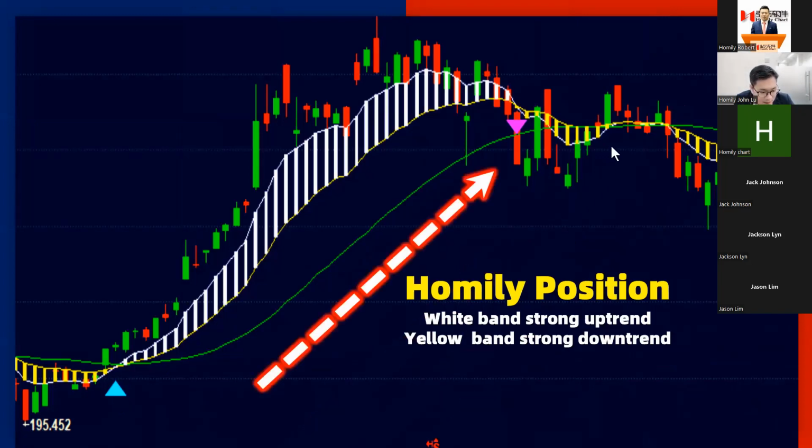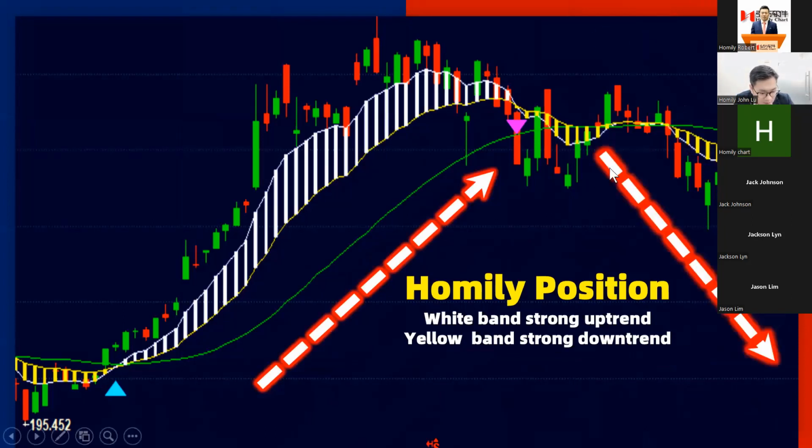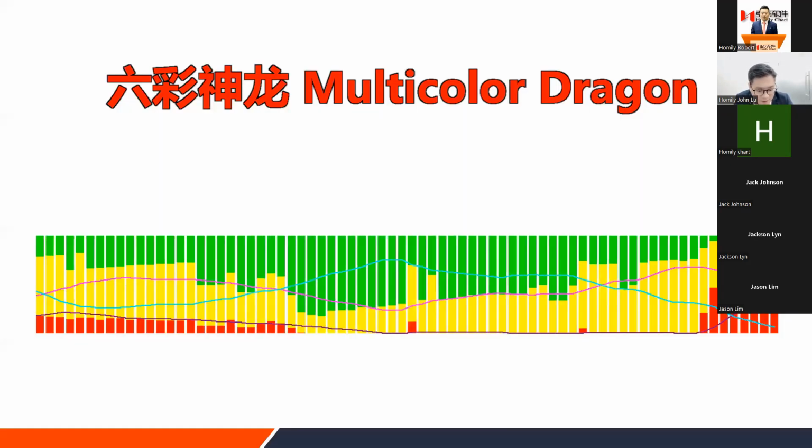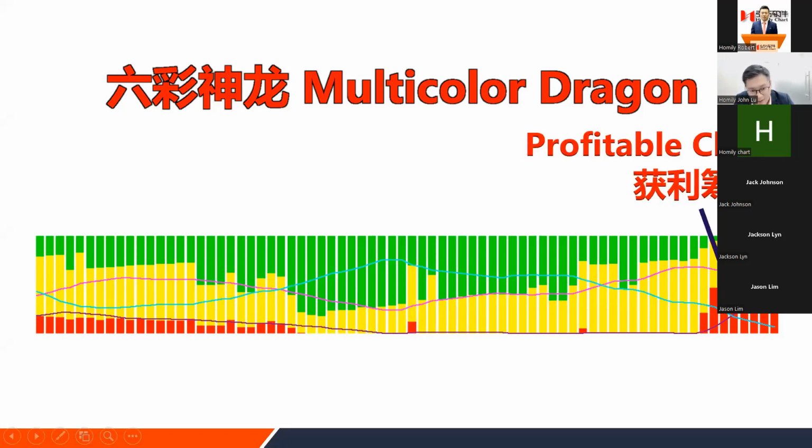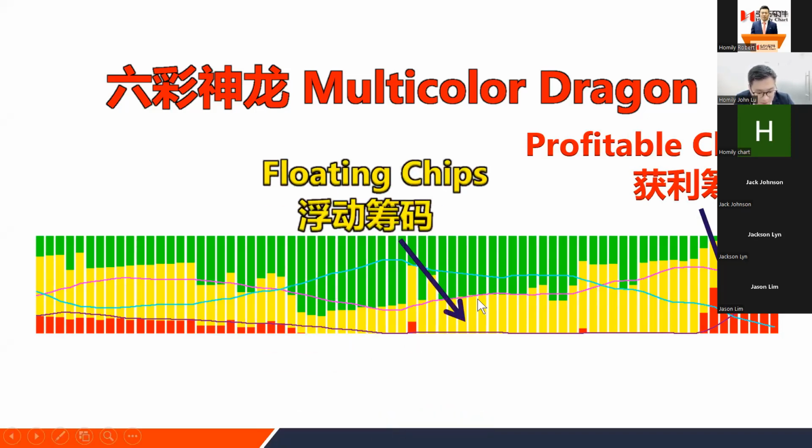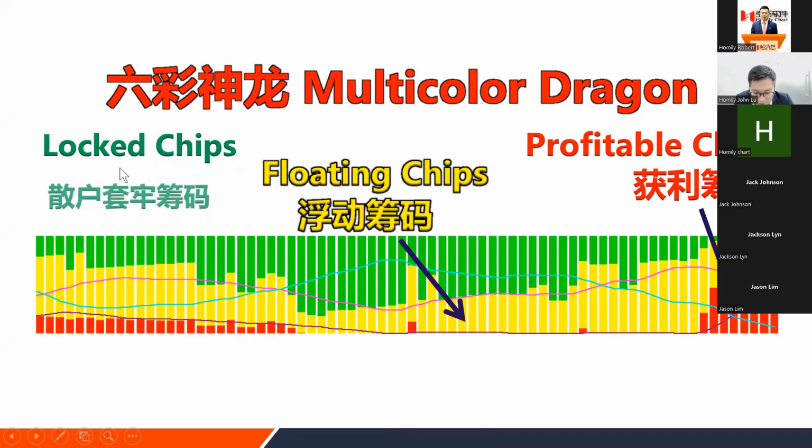Then the yellow band downward is the medium term downtrend. Use the indicator, then how to apply it to buy and sell? For me, I think if you combine with the multi-color dragon, then you will see the red bar represents the big boy, the yellow bar represents the hot money, and the green bar represents the retail investor.